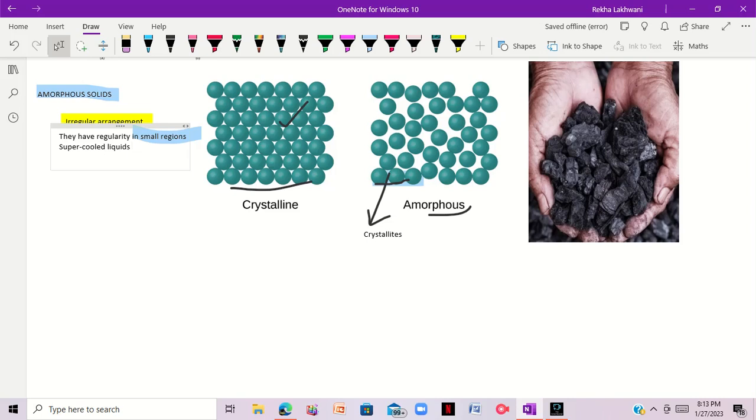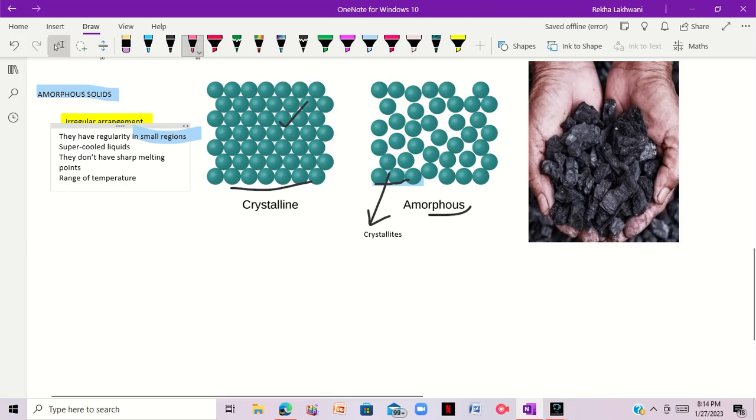When we talk about the melting point of amorphous solids, they don't have a sharp melting point. What does that mean? Basically they have a range of temperature, because as I said there is no regular arrangement, so every molecule needs a different temperature.